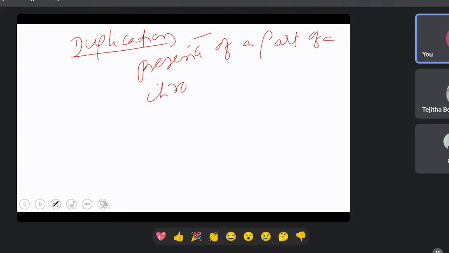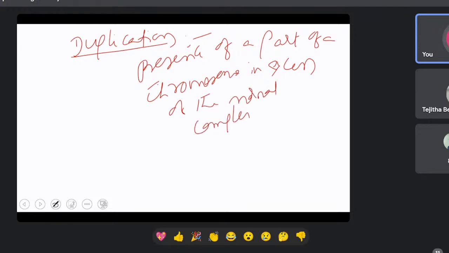Presence of a part of a chromosome in excess of the normal complement is called duplication.